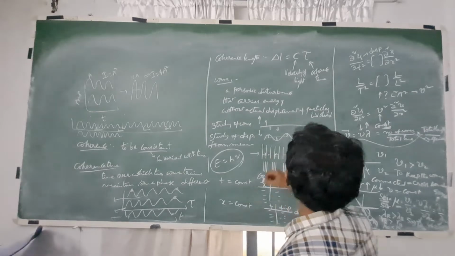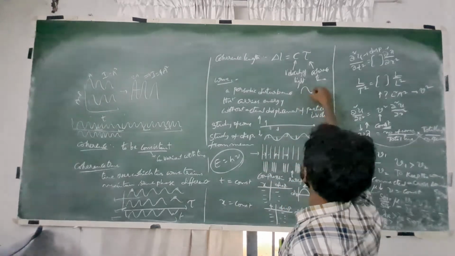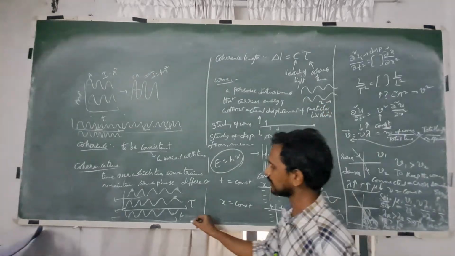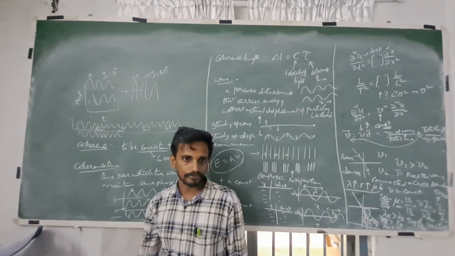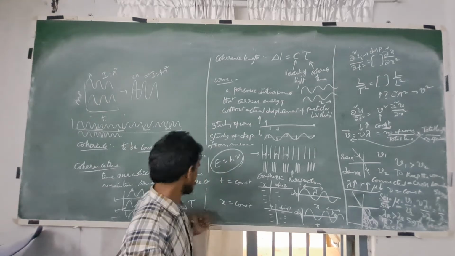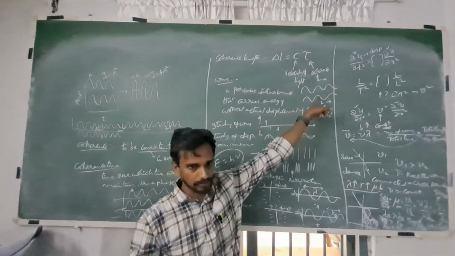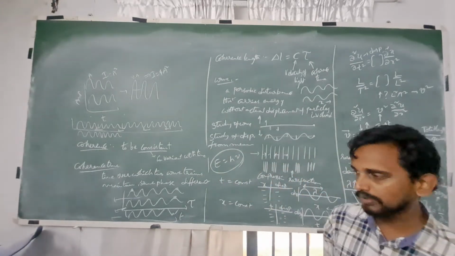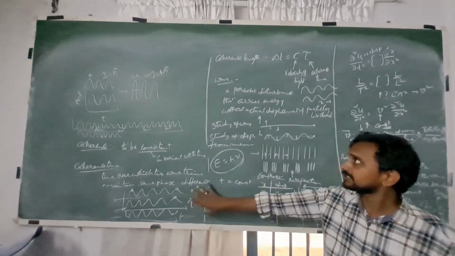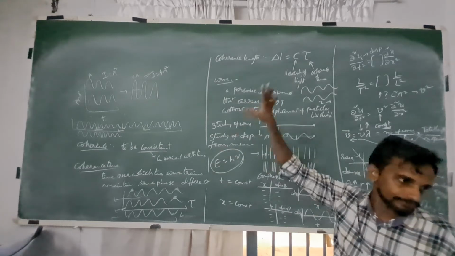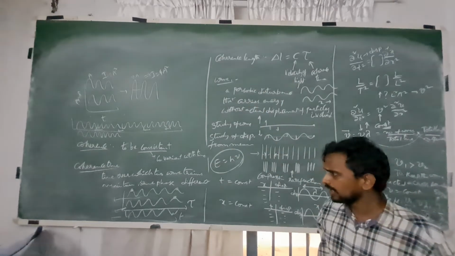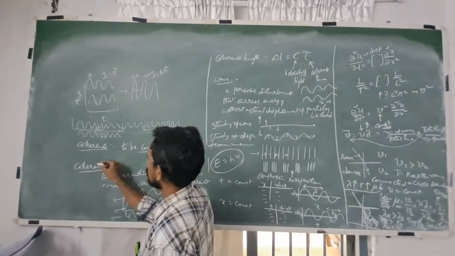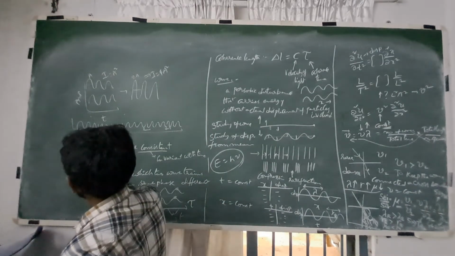Here on the x-axis you have x, and here on the x-axis you have time. So the same waves you will be studying in the space domain here. So coherence length and coherence time, all this is called temporal coherence.